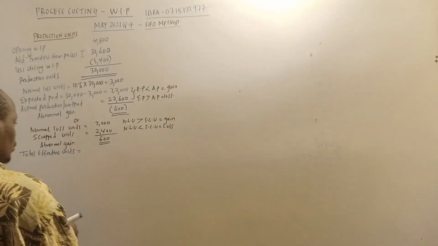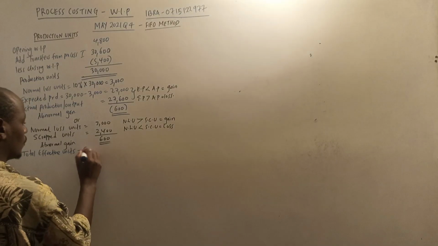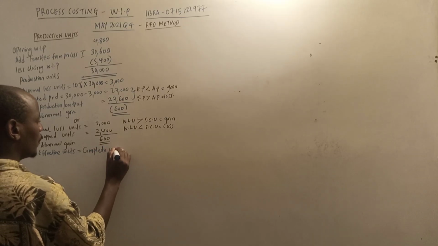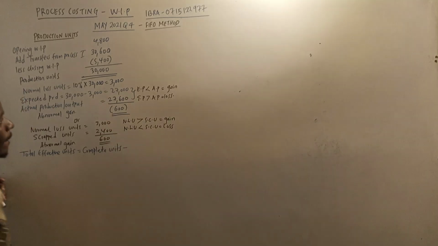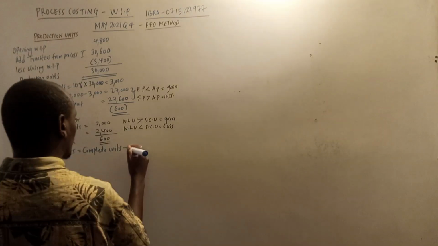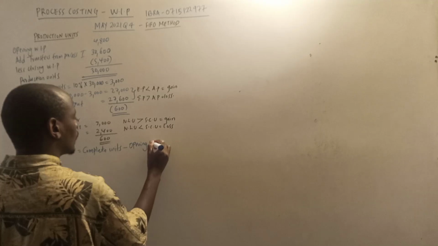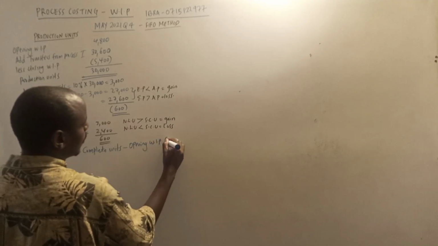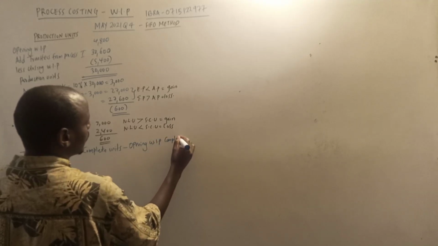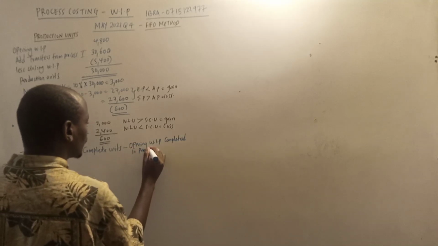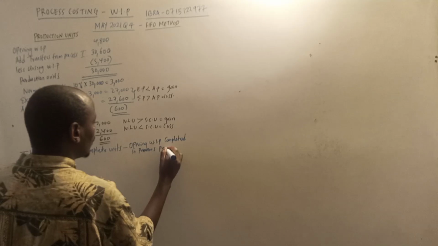So we start with the complete units. Then we less the opening work in progress completed in the previous period.